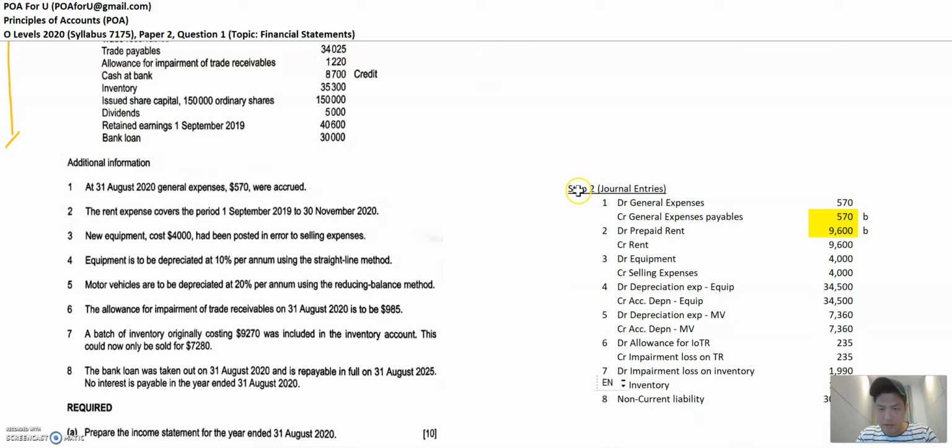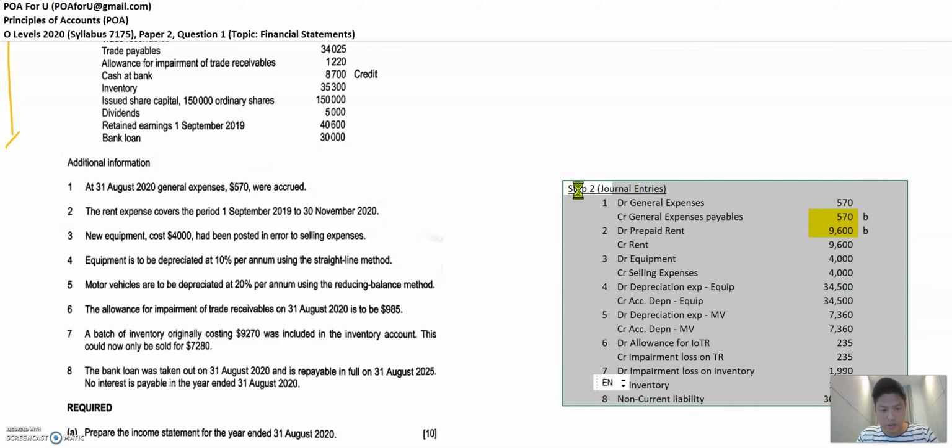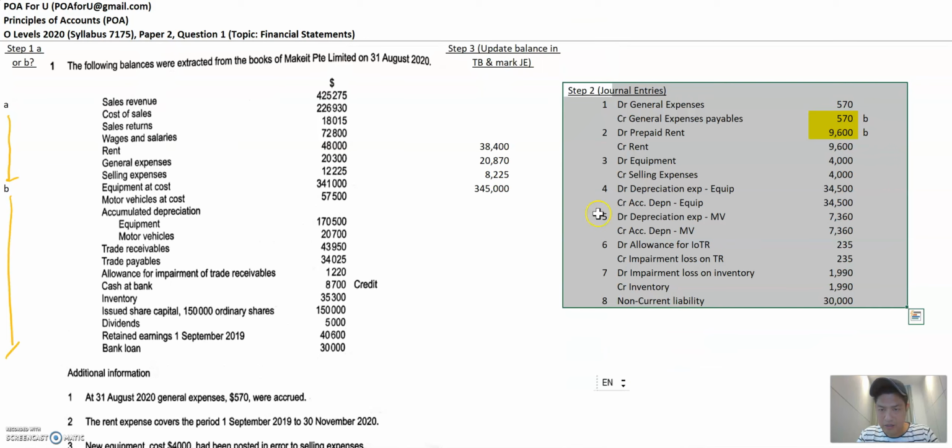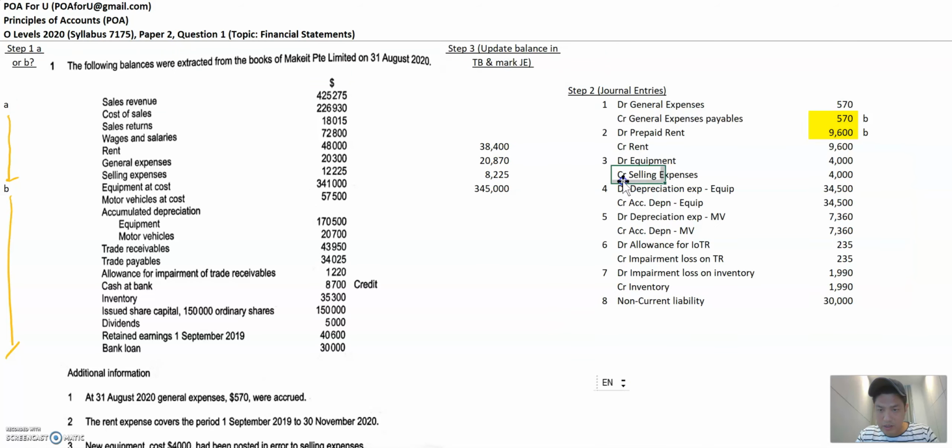And then I'm just going to bring this here just so that we can see this clearer. Okay, then the next one is depreciation. So depreciation equipment, I'm going to take 170,500 plus 34,500, right?